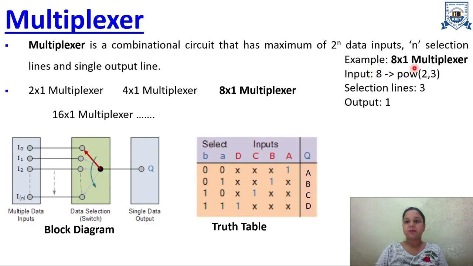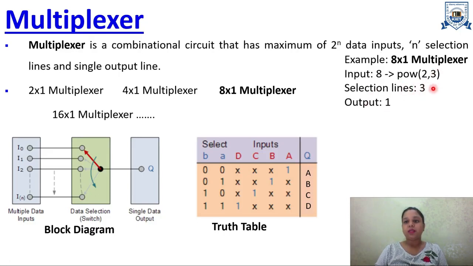Let's take the example of an 8 into 1 multiplexer. Here 8 will be the count of inputs, which is 2 to the power 3. So the number of select lines will be 3 and the output will always be 1.